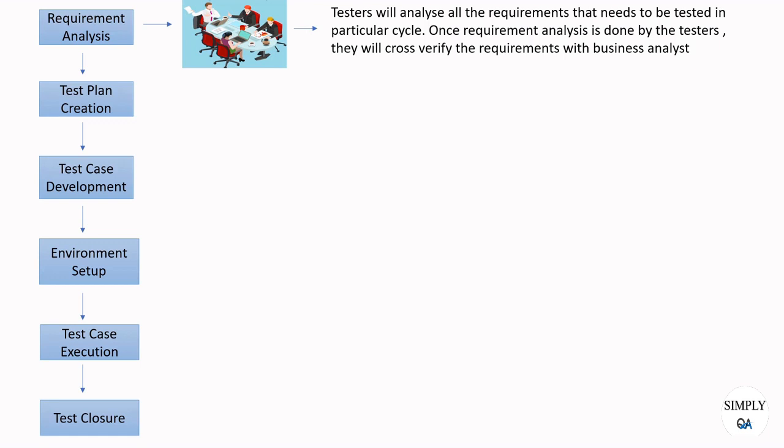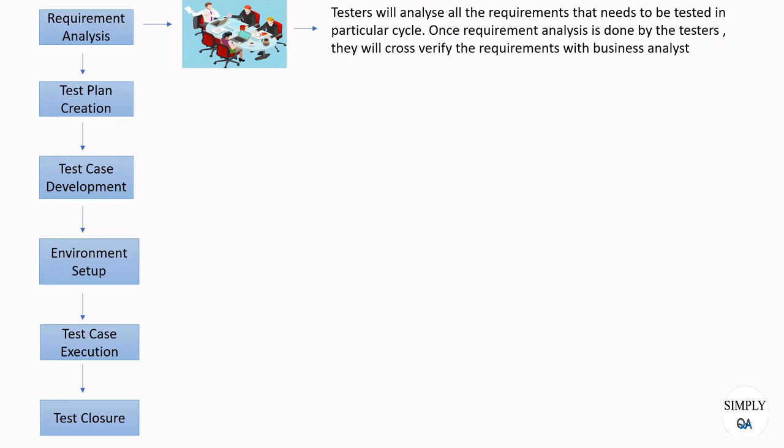Once they are clear with the requirements, they will cross check with the business analyst whether the requirement they understood is correct or not. So in this first phase, the testers will analyze the requirement and get the complete idea of the module that they are going to test.